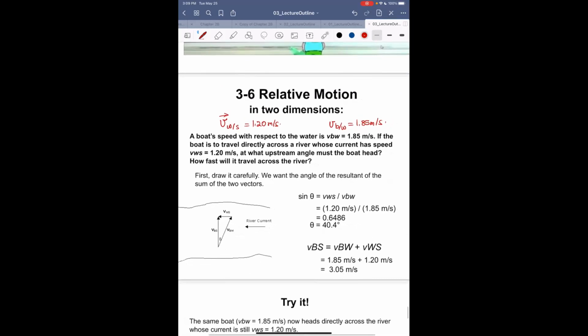Because we know the two velocities here, we will be able to find sine theta, which is V_WS divided by V_BW. And then after that, I can also make the calculation, which is V_BS equals V_BW plus V_WS. And that is going to be the solution.